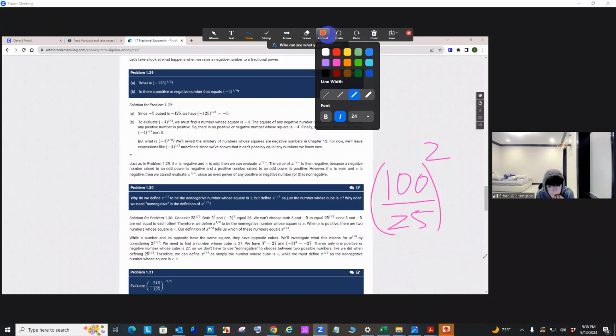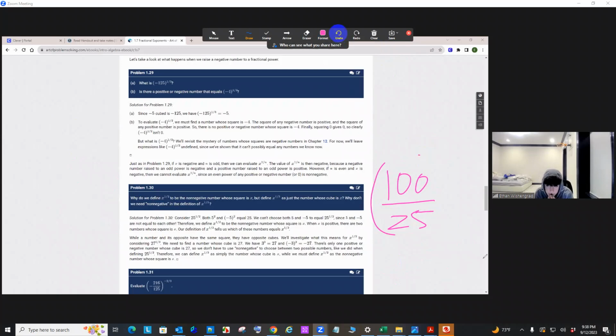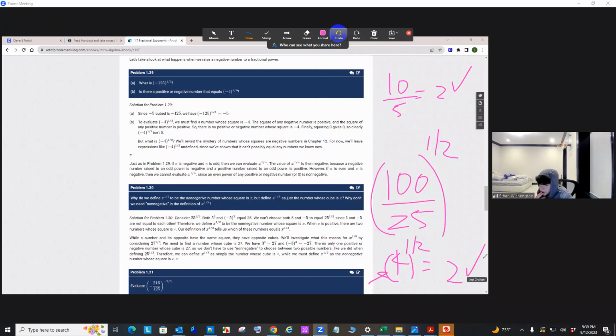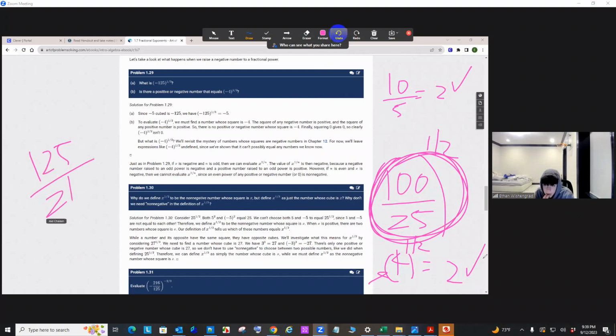In a weird situation like this, if you want to take the square root, you can do the square root of 4, which is 2, or you can take 10 divided by 5, which is 2. See, you can take the square root of 100 and the square root of 25, which is 10 divided by 5 and get 2, or you just do the 100 divided by 25, which is 4, and then take the square root and get 2. But only when you really can simplify the fraction. But if you can't simplify 125 over 216, there's no way to simplify.